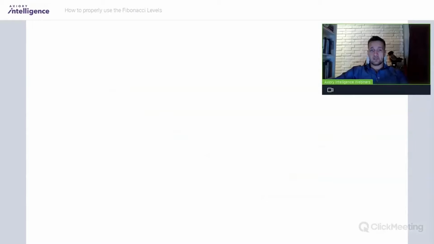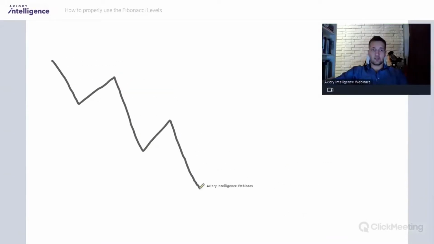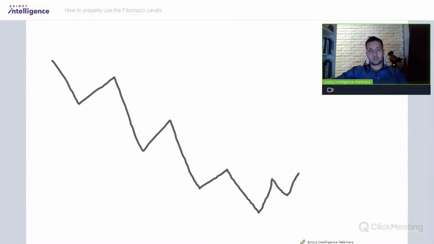Another thing, I need to draw it properly. So there is like this, and like this, and like this, and there is this inverse head and shoulders pattern, and there is the neckline. Actually, I'm gonna do it like this.